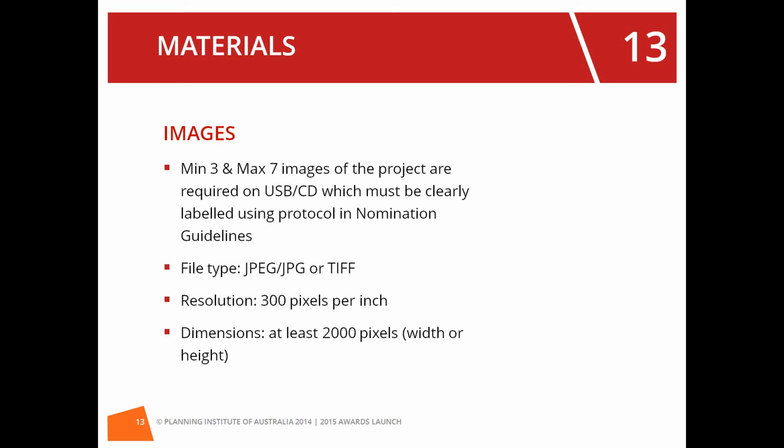Another aspect where we find there's a bit of a problem is including images, and also the resolution and the size of images. We appreciate that sometimes with certain projects you can't have imagery because there might be copyright issues, potentially if it is research work that might be nominated.